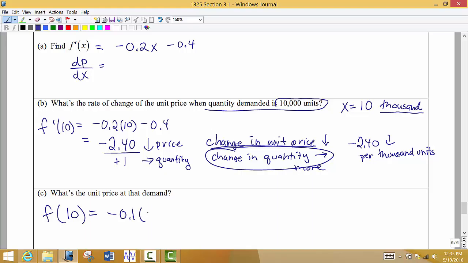So I go back up to the original, plug in a 10, representing 10,000 units being sold, and throw all that into my calculator. I get that the unit price is $21. So $21 per unit is my unit price when 10,000 units are demanded.